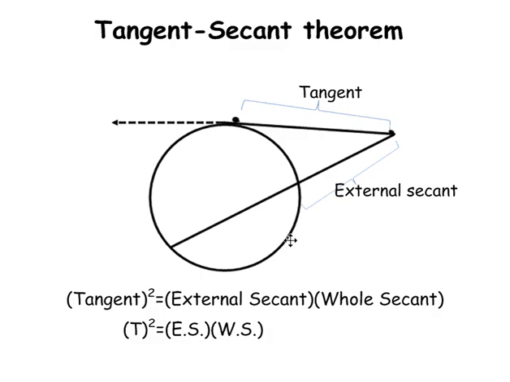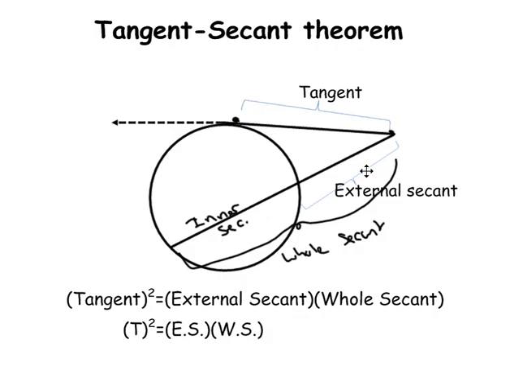The external secant, as you know from our previous video, is the part of the secant that's outside of the circle, and then your whole secant is the external secant plus the inner secant, we'll call it. So that's the whole secant. The external secant plus the inner secant gives you the whole secant. And the tangent-secant theorem, again, says the tangent squared equals the external secant times the whole secant.